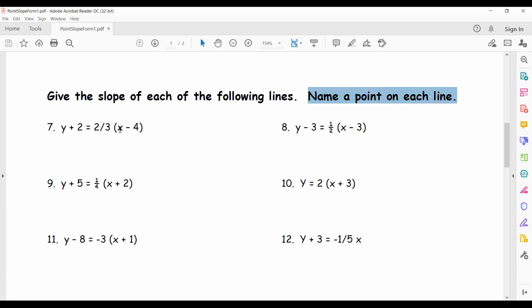So what is the ordered pair for the point that is described by this point slope equation in number 7? Now I want to know what the ordered pair is for the point that is in that equation. Okay, these are all in point slope form already.